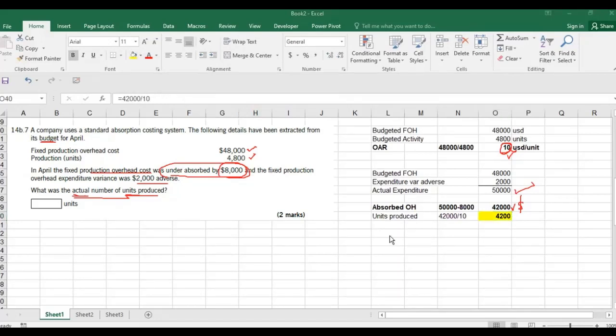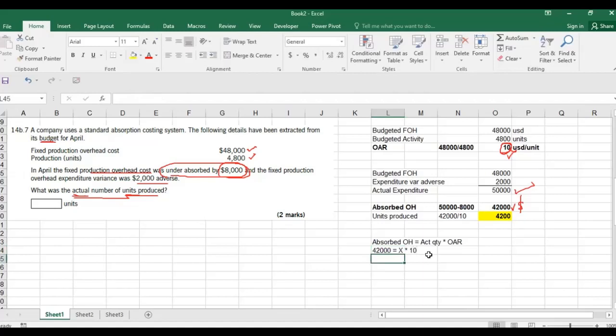You should remember your absorbed overhead formula. Absorbed overhead is equal to actual quantity multiplied by the overhead rate. So I can calculate my absorbed overheads: 42,000 is equal to actual quantity, which I do not know, it is X, multiplied by 10.